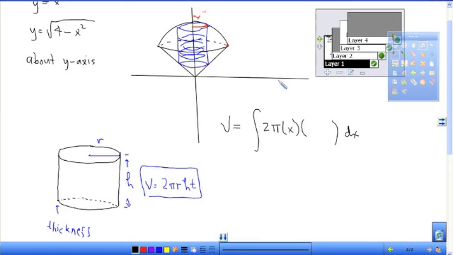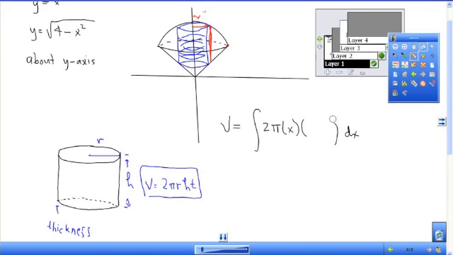Now I also have to think about the height of each one of these shells as I stack them around each other over and over again. The height of each one of these shells is going to be the difference between these two functions here. Just like area between curves, when the height is between things, it's just a quick subtraction problem.